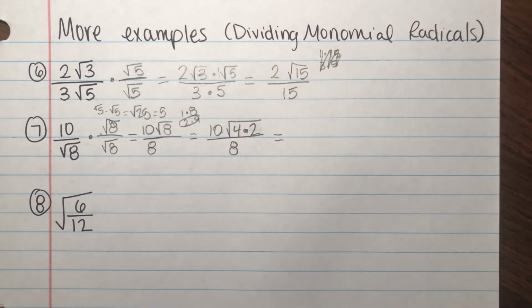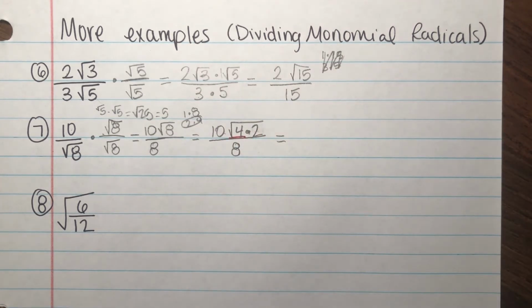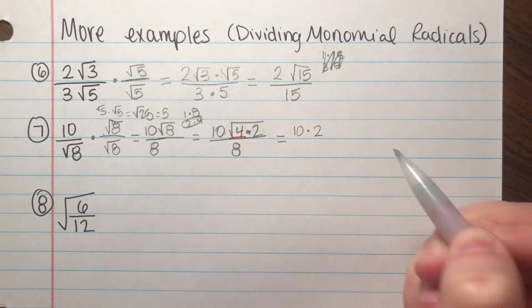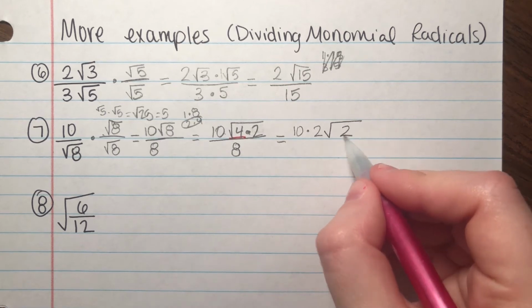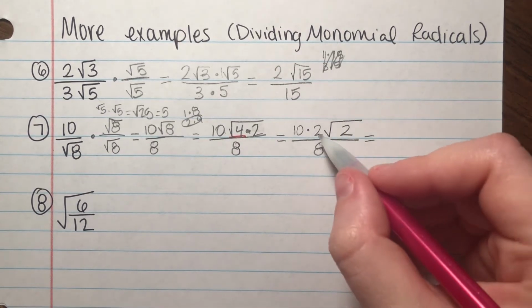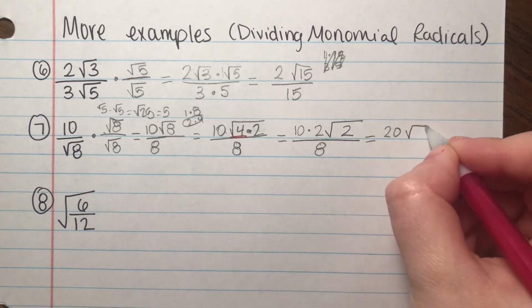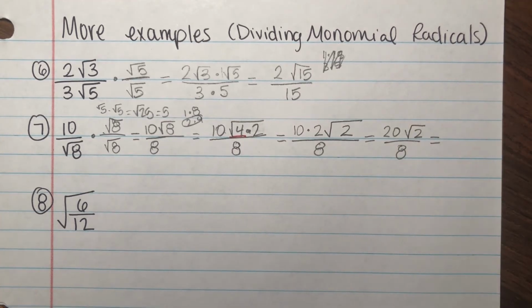All right, so now I pull the square root of 4 out, which is 2. So square root of 4 is 2. I pull that out, so I have 10 times 2, square root of whatever's left here, so 2, over 8. All right, so 10 times 2 is going to give me 20 square root of 2 over 8. Now remember, I rationalized the denominator, or I got rid of the radical in the denominator.